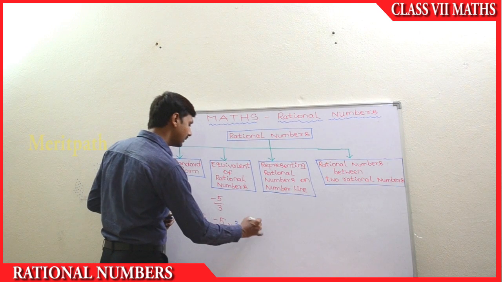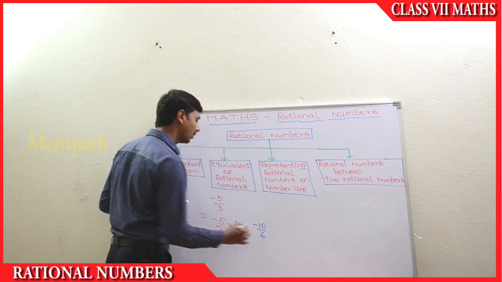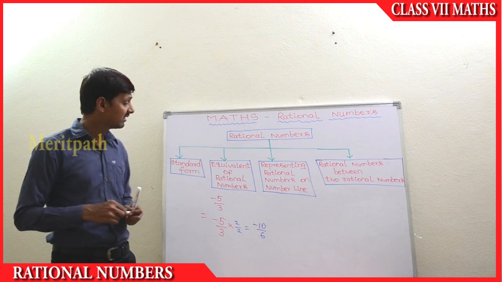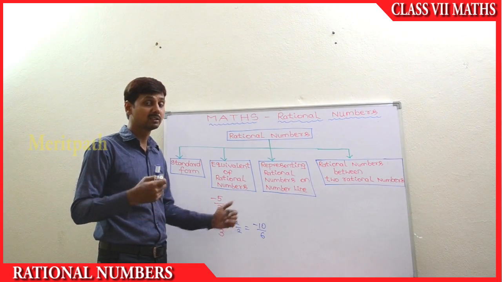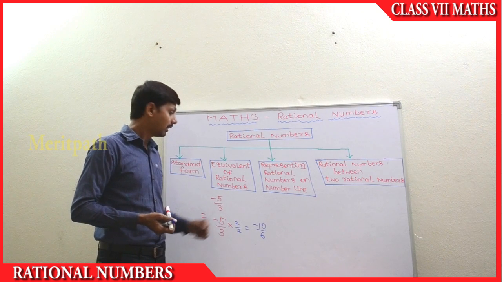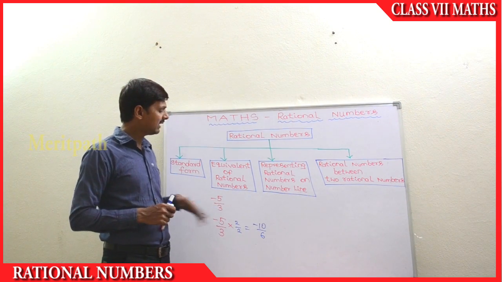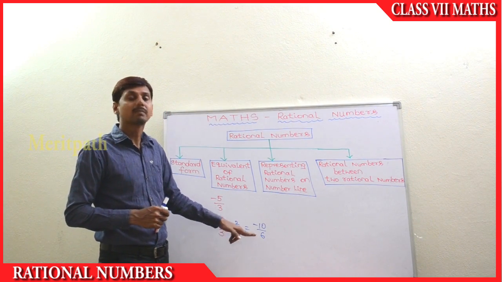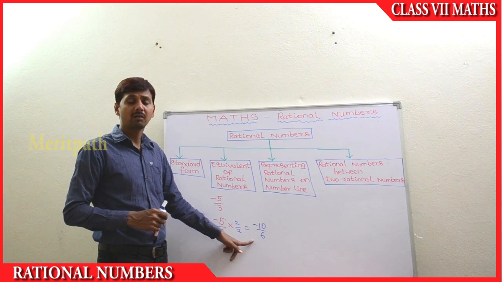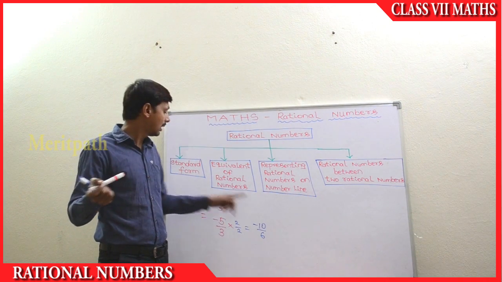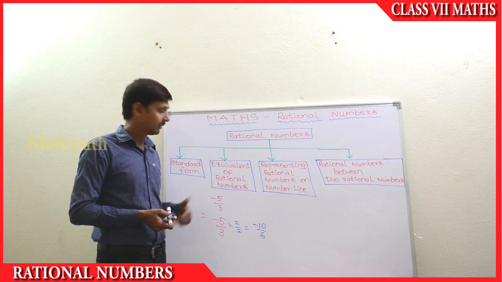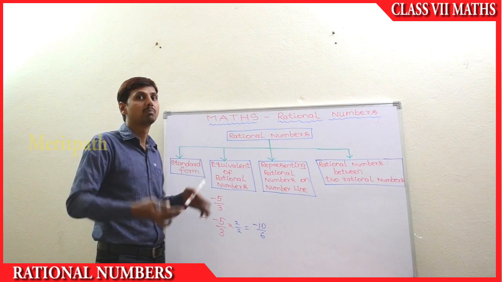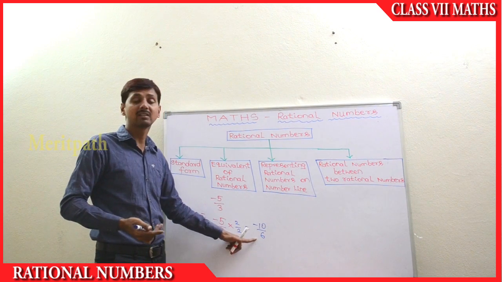So that is minus 10 divided by 6. It's also a rational number because the denominator is not equal to 0. So it's a different kind of rational number. But when we simplify this with a common factor cancellation of 2, we'll be getting minus 5 by 3, same as it is. So this is another equivalent rational number to minus 5 by 3.